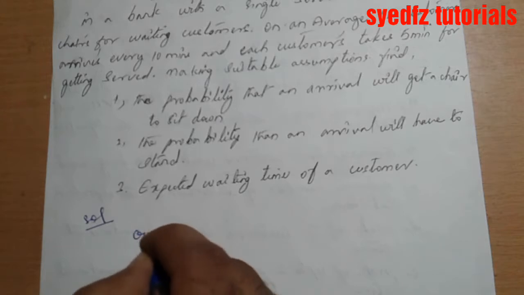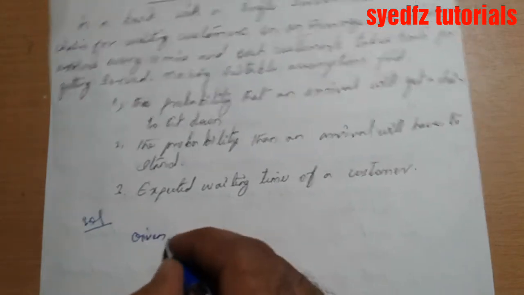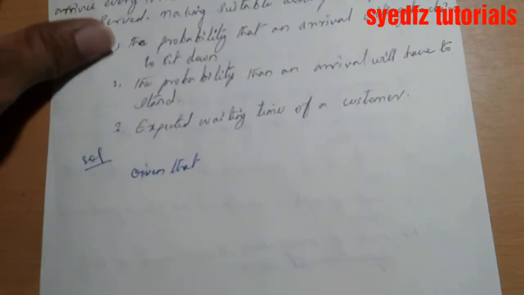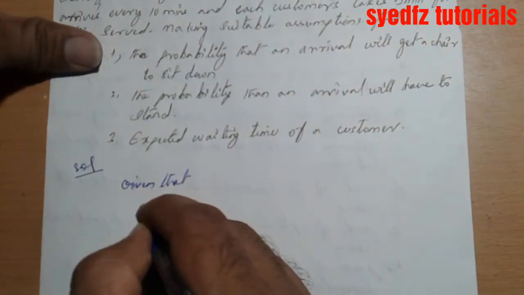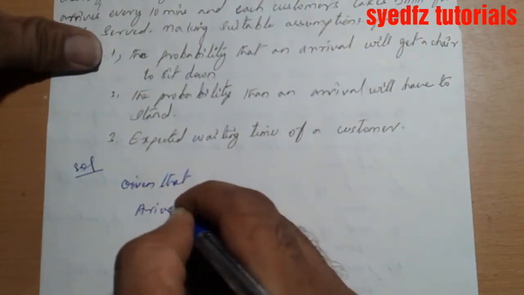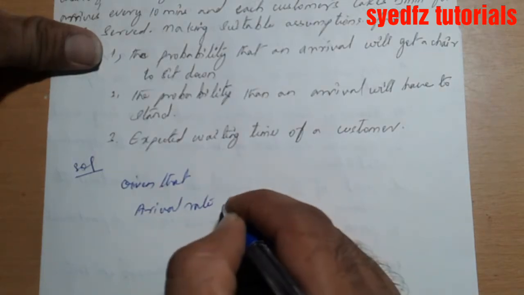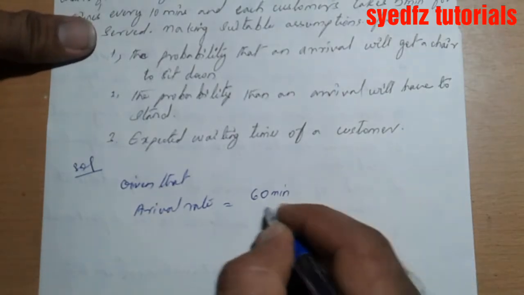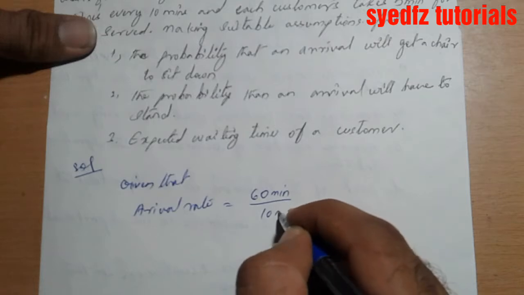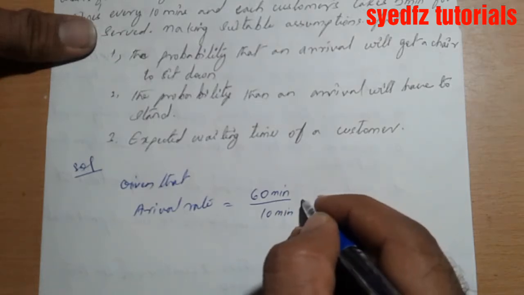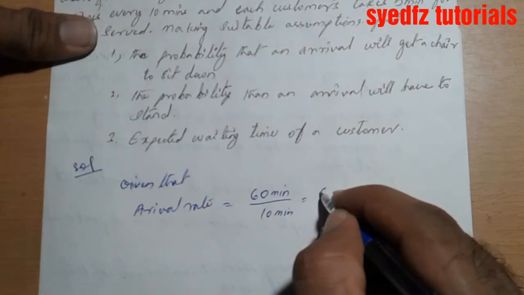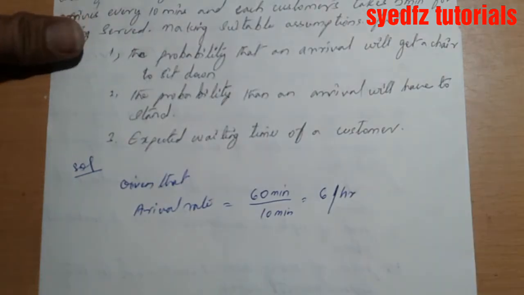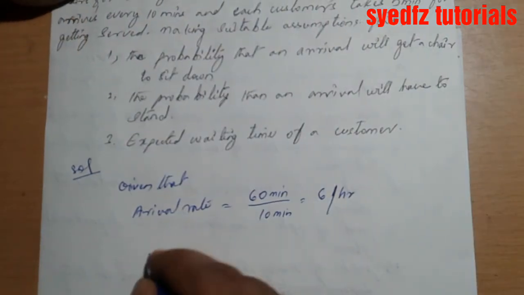Given that, out of 60 minutes, 60 minutes means 1 hour, divided by 10 minutes, since each customer takes 10 minutes to come, we get 6 customers in an hour.